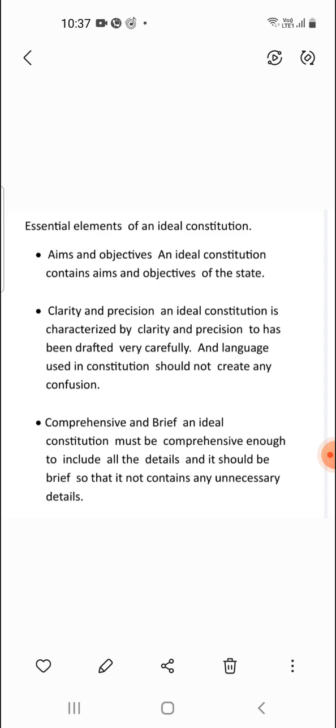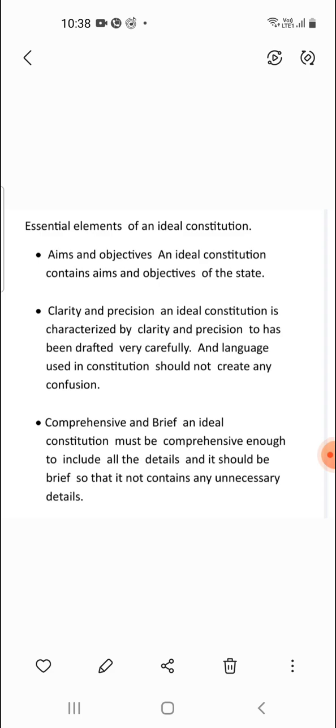The framers of the constitution cannot anticipate the changes that are likely to take place in the course of time. An ideal constitution should represent the needs of the people and always try to meet these needs. It provides for a method for its amendment.